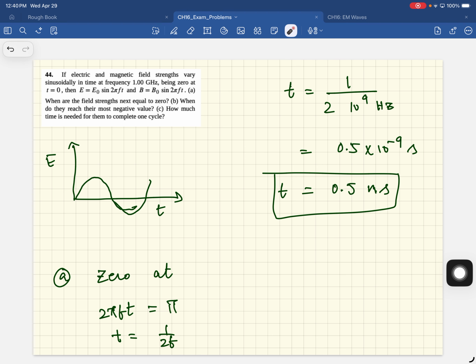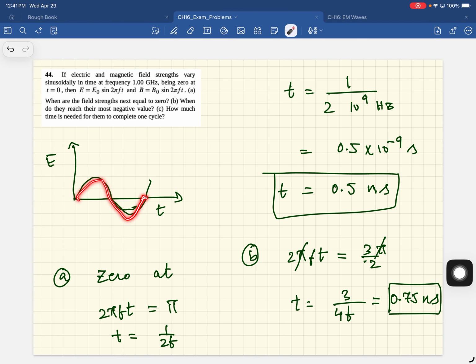So how much time is needed for them to complete one cycle? So this will equal one complete cycle. And so this quantity is equal to 2 pi.